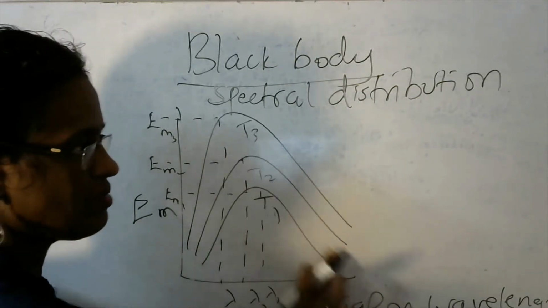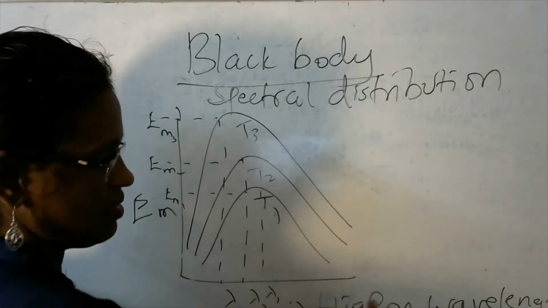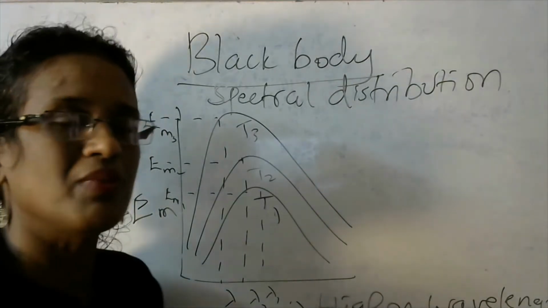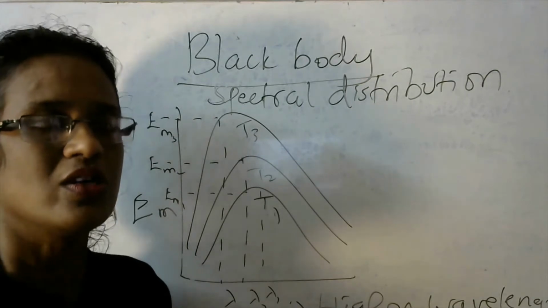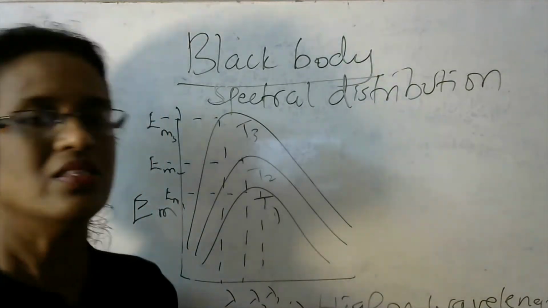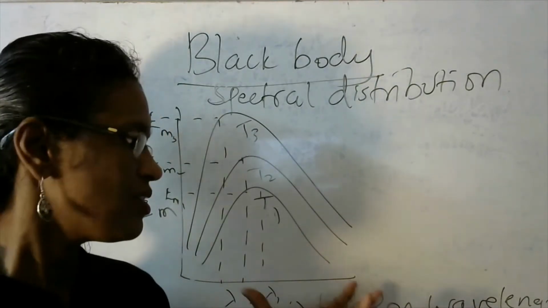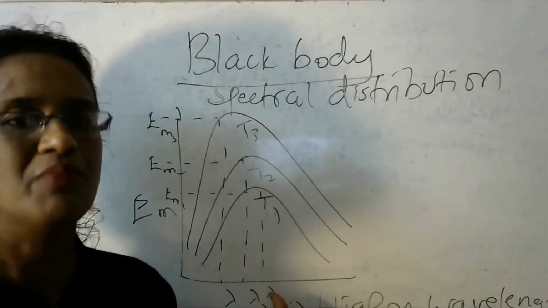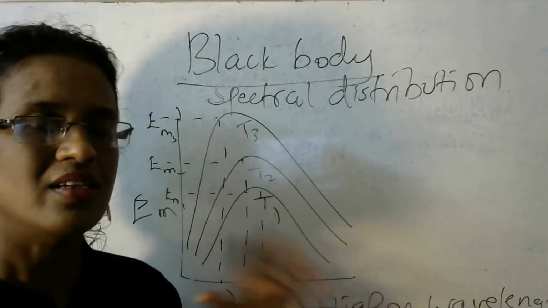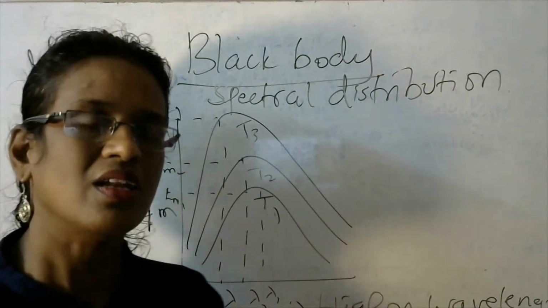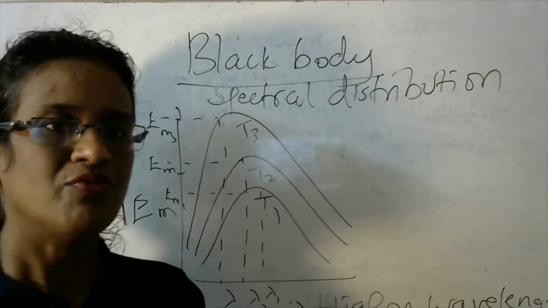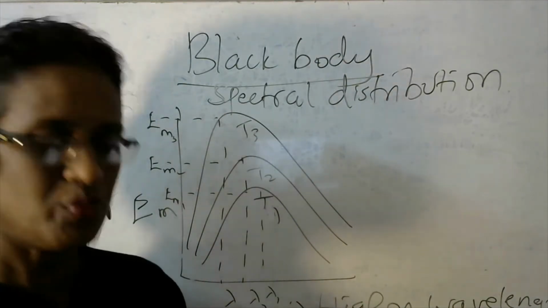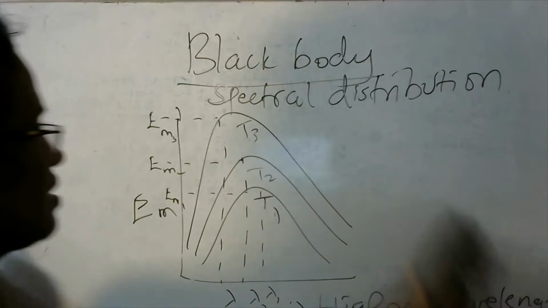What is happening on this side could not be explained properly by Wien. So Rayleigh together with Jeans tried to explain this in the classical mechanics way, and so we are going to study the Rayleigh-Jeans explanation of the spectral distribution of the black body. I hope it's clear now. So we will move on to this explanation.